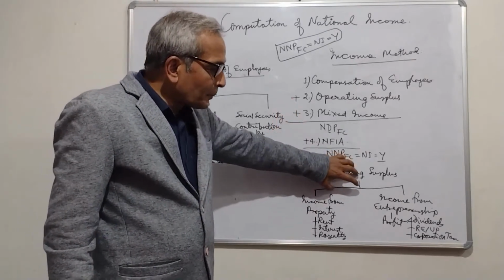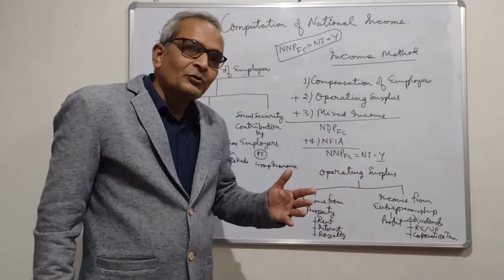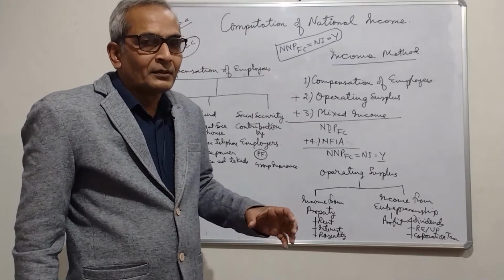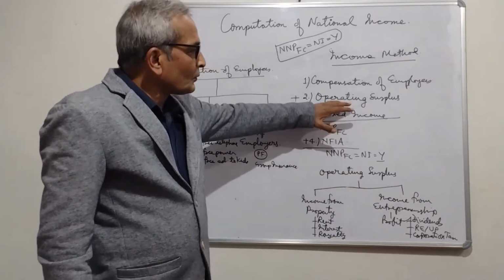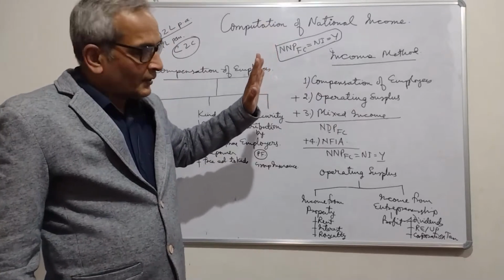So this is the main part and these are subparts. It depends on what types of items are given in the numericals. What we are required to find out is operating surplus. What we are required to find out is compensation of employees.